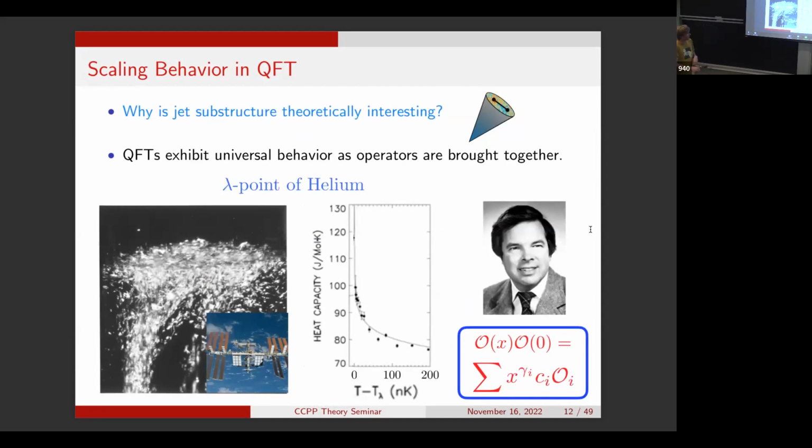This is most famous with the operator product expansion, which predicts a particular scaling behavior with some exponents as you bring operators together. The thing that's very nice about this is that with measurements, for example with macroscopic systems, what you're probing are some actual very nice, well-defined anomalous dimensions in the underlying field theory.